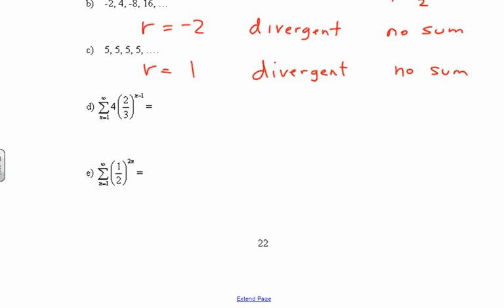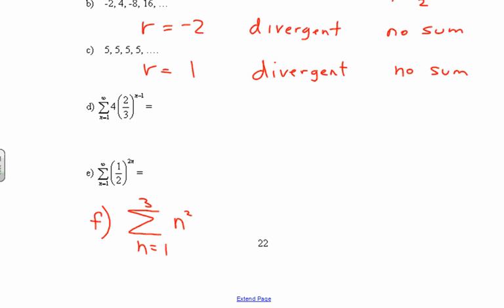How many of you are familiar with sigma notation? You've seen it before. Okay. It does mean sum. Perhaps I'll do an easy example first. Maybe you can find it at the bottom of the page. Let's call it example F. Let's start with a finite sigma before we do anything else.